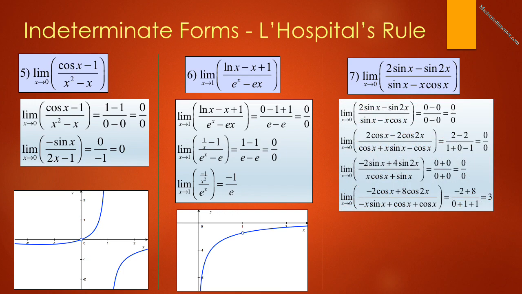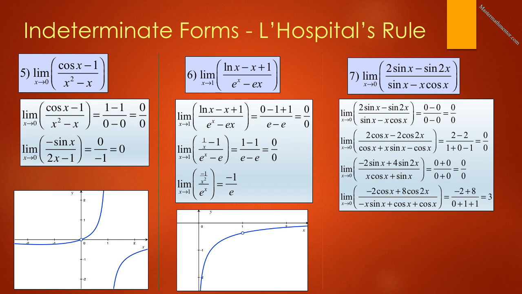Number 7 reads, the limit as x approaches 0 of 2 sine x minus sine 2x over sine x minus x cosine x. We first plug in 0 and get a 0 upstairs and a 0 downstairs, and we get the indeterminate form 0 over 0.